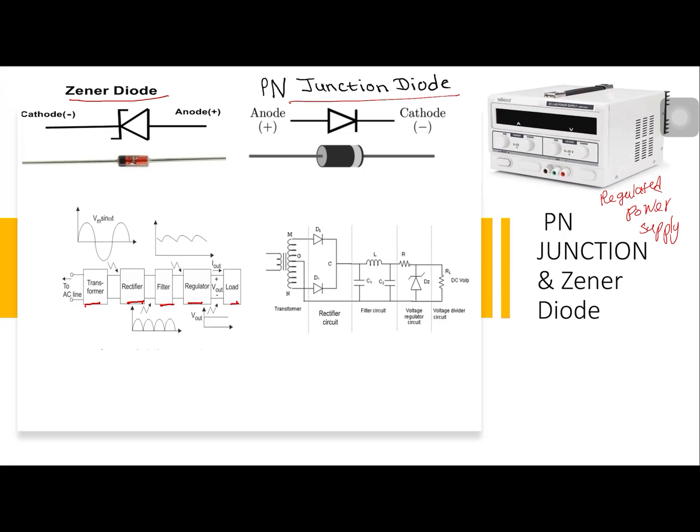So to design the rectifier circuit, we use a PN junction diode, and to design the voltage regulator circuit, Zener diodes are used. So PN junction diode, Zener diode, along with some basic components such as inductor, capacitor and resistors can be used to design a regulated power supply.